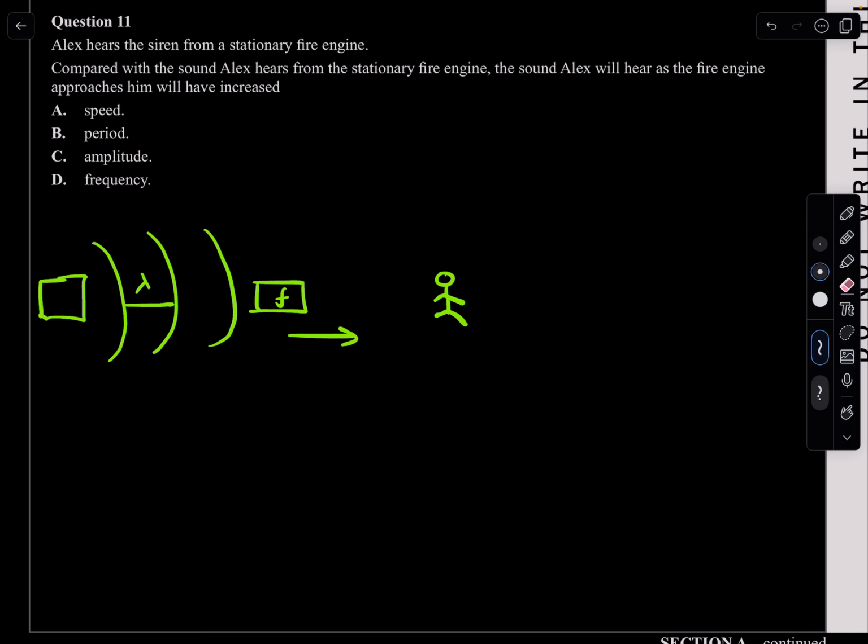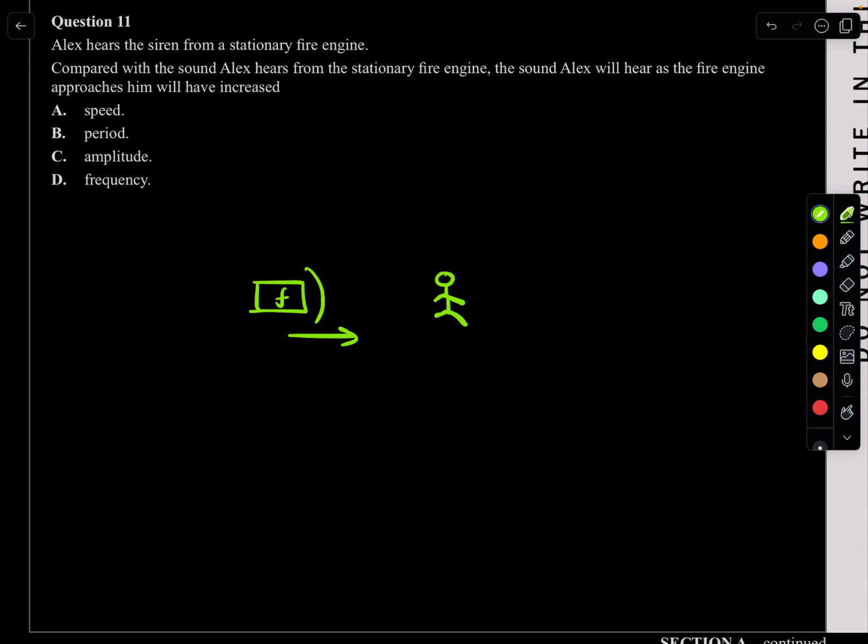So as it approaches him, the wavelength between the waves is actually getting smaller. If the wavelength is smaller, it means the frequency is very high, and that's the Doppler effect. Whenever you're dealing with Doppler effect questions, always think about the frequency. It's all about frequency in the Doppler effect.